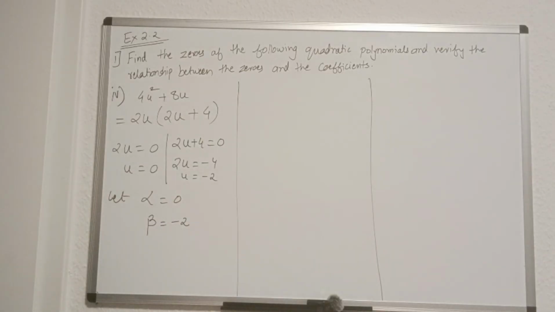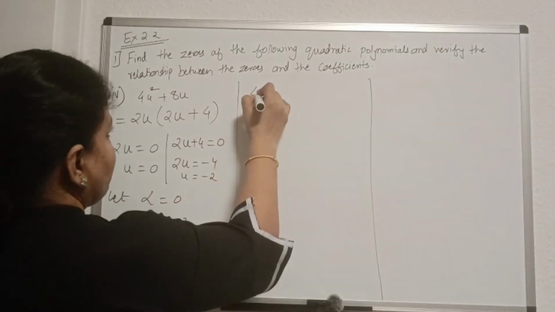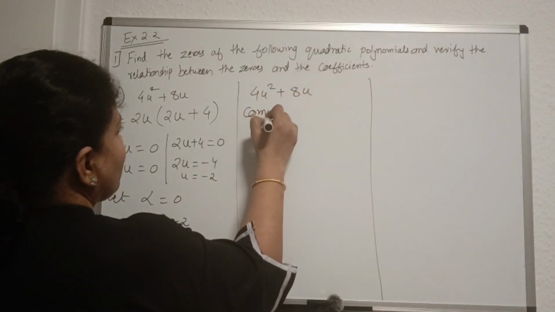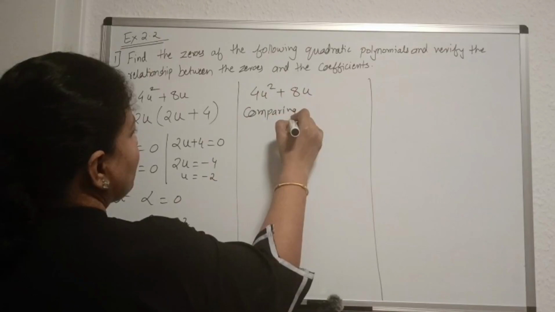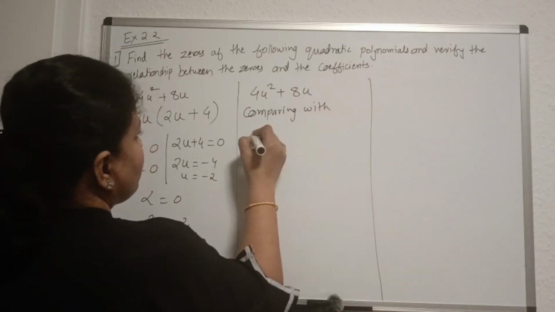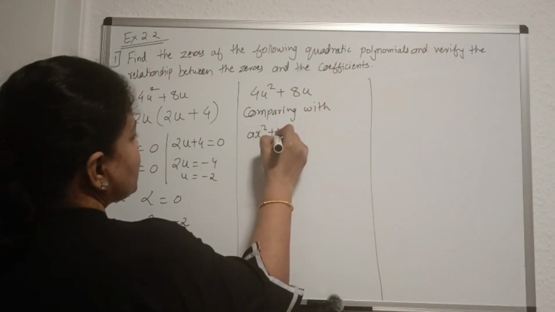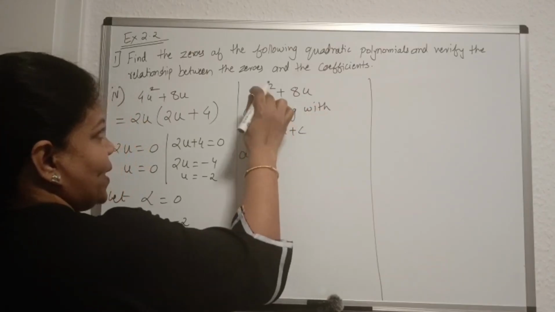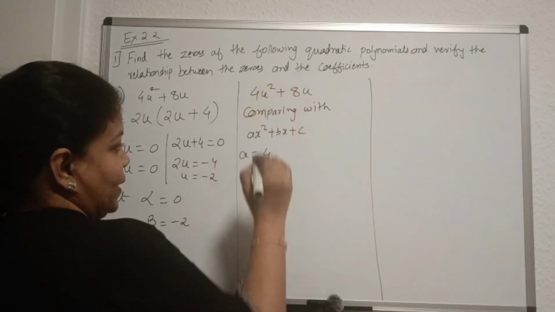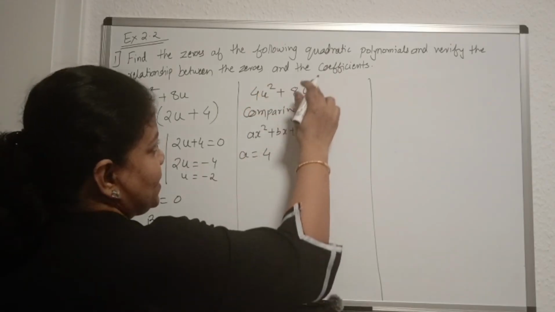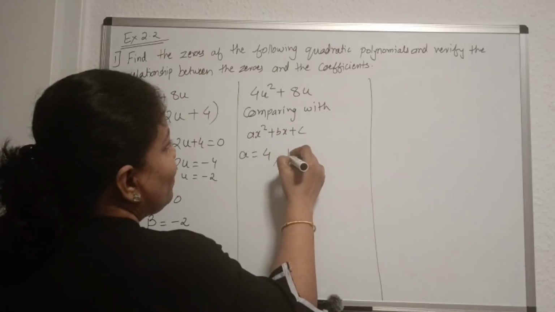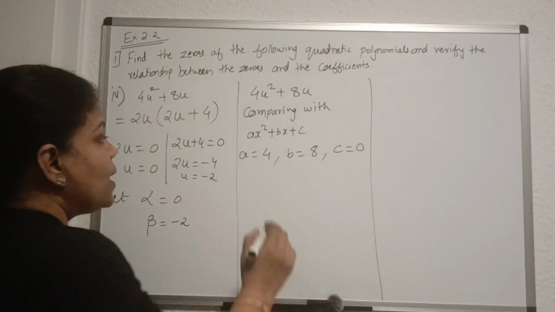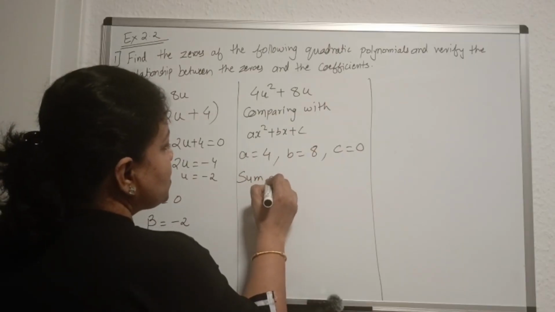Okay, so now let us go for comparing 4u square plus 8u with the standard form ax square plus bx plus c. If you do that, you will get a as 4 because x square is compared with u square. bx is compared with 8u, so your b will be 8, but there is no c, so you will write c as 0.